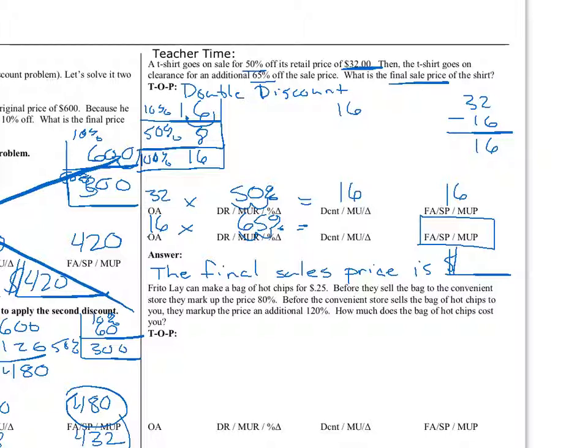So 16, our original amount, times our 0.65. Looks like an additional $10.40.